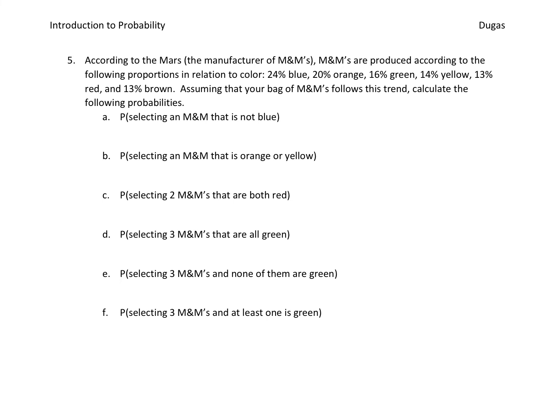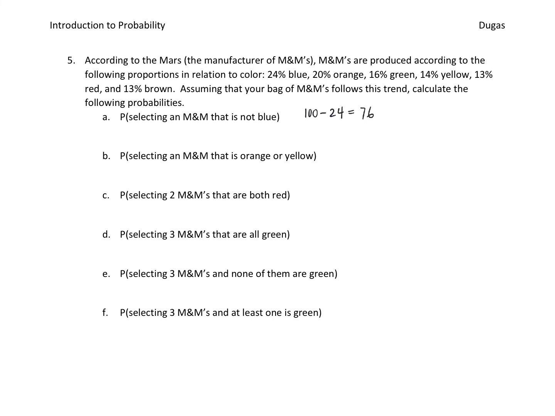So part A, probability of selecting an M&M that is not blue. So if you add up all the percentages, you will see that you have 100%, which makes sense. So if 24% are blue, you can do 100% minus 24%, which is blue, to get 76%.